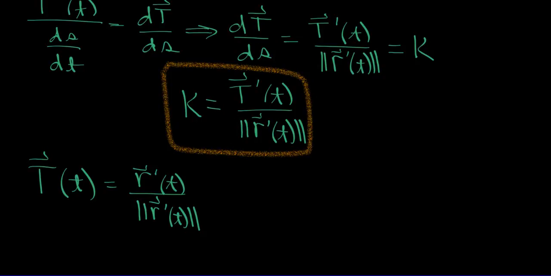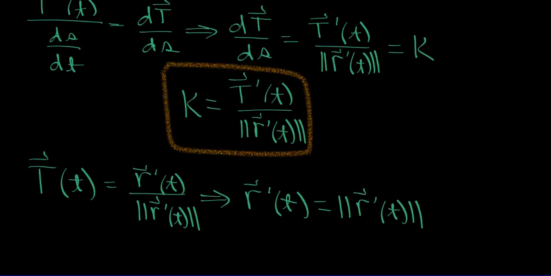Okay, now that's my starting point. From there, I'm going to multiply both sides by the magnitude of r prime, and I'm going to get that r prime of t is equal to the magnitude of r prime of t times T. Right? That's true.